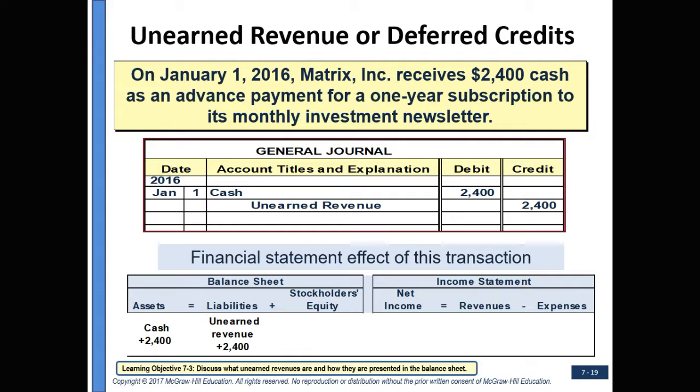As time goes by through this 1-year subscription, Matrix will earn pieces of this prepaid revenue, this unearned revenue. They will have fulfilled their promise, provided their service or good.